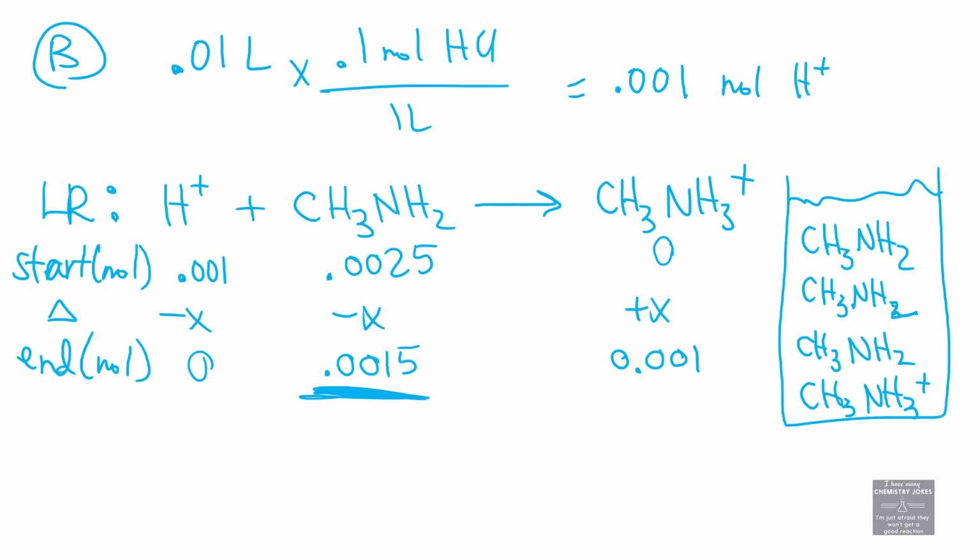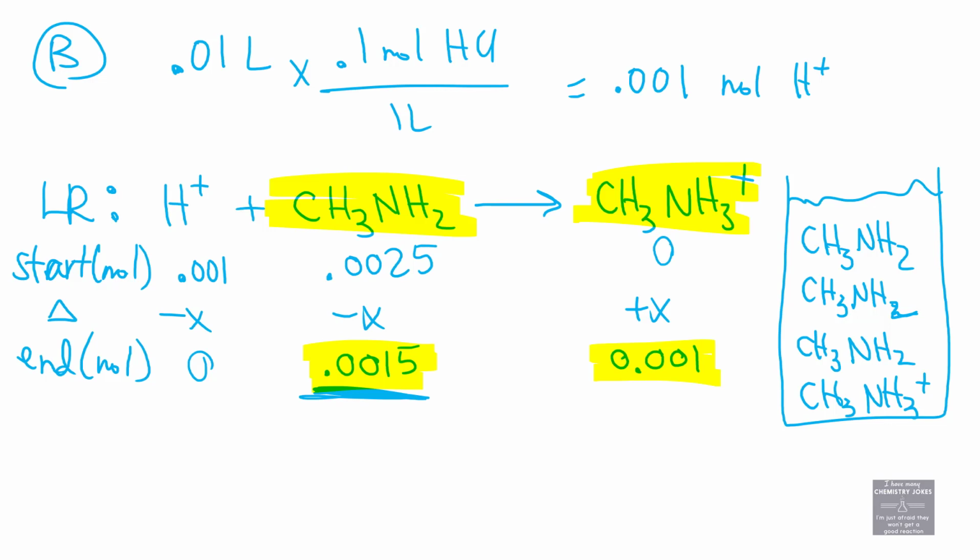And then I need to calculate the pH of the solution. I can recognize that I've got some of this, which is a weak base, and some of this, which is a weak acid, and they are a conjugate pair. I've got a buffer solution.